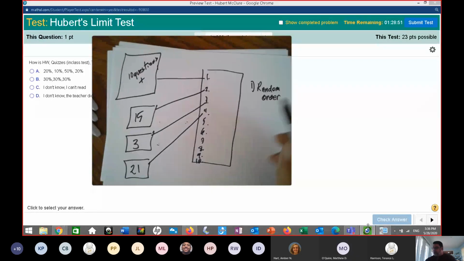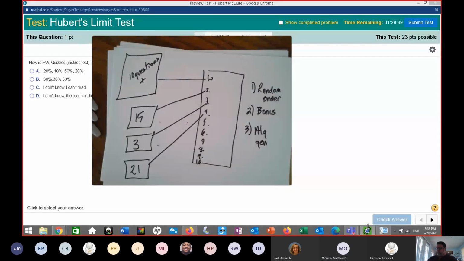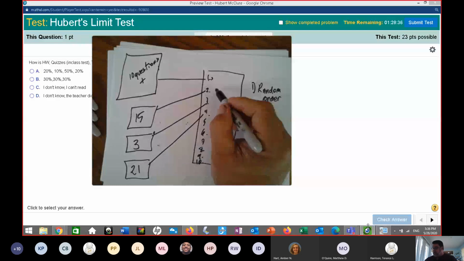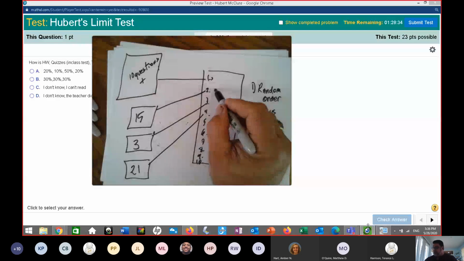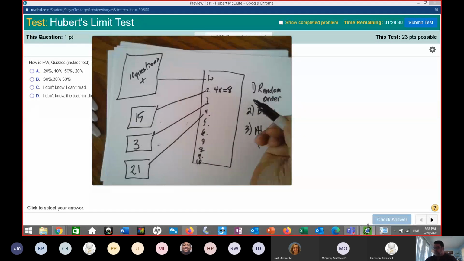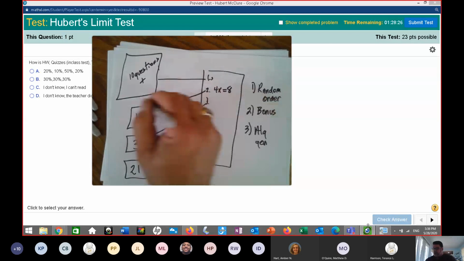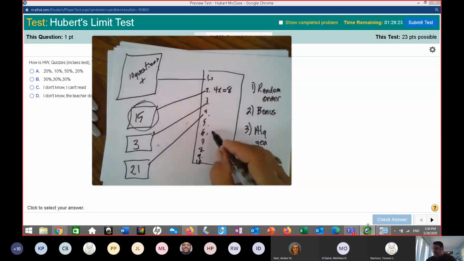So with randomizing order, that's your number 1, maybe somebody else's number 10. With the bonus questions that I put in to mess up the order, and with algorithmically generating, your number 2 may say, solve 4x plus 4x is equal to 8. Well, somebody else's number 6 that comes from that pool question may say 5x is equal to 10.